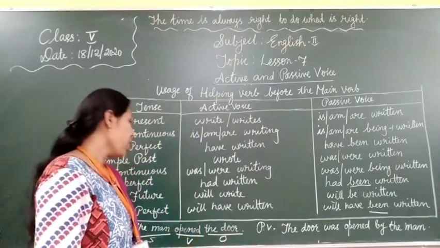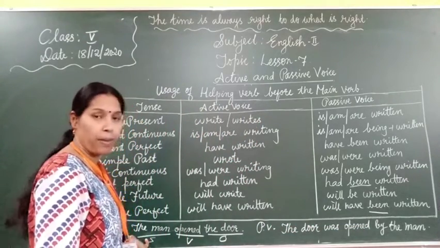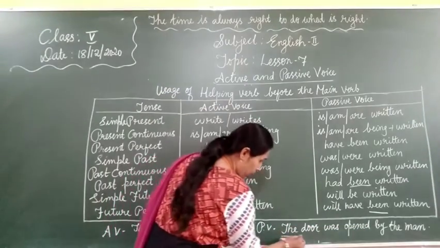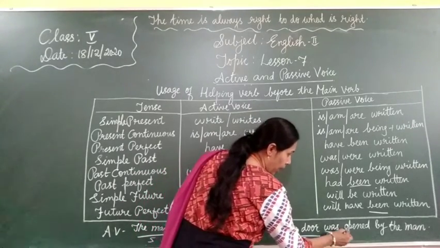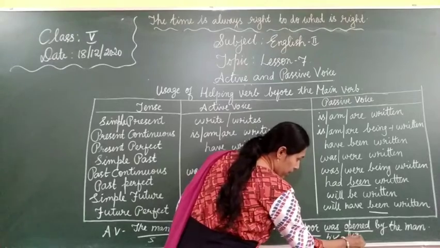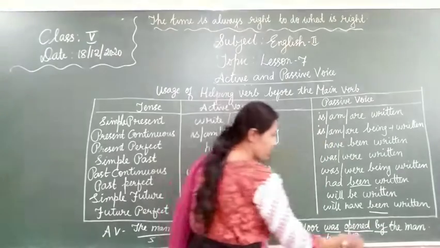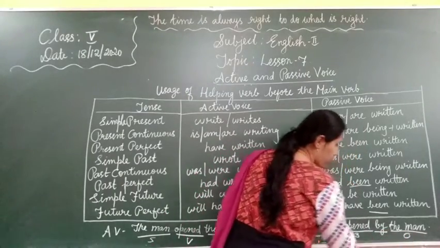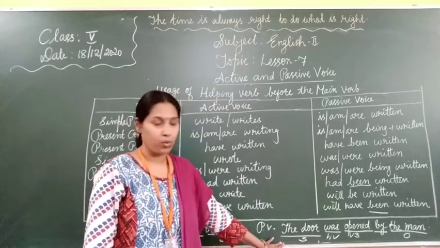So, the door was opened by the man. See, the door is the subject, was is the helping verb, and open is in V3 form, and the preposition by should be used, and at the end, the object. This is the sentence structure for passive voice.